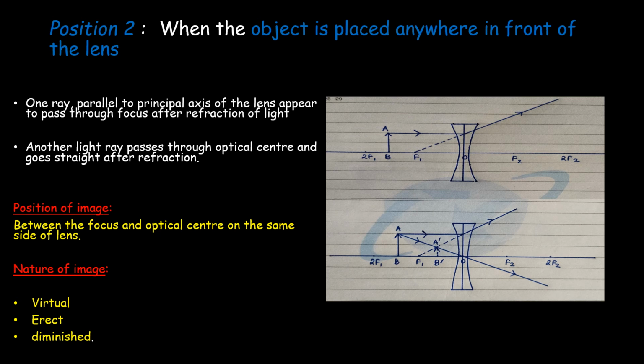And if you imagine that these two rays are intersecting each other in front of the lens, there you will be getting the image, and that image is virtual, erect, but smaller, that is diminished. So the position of the image is in front of the lens where the object is placed, and between focus and the optical center of the lens.